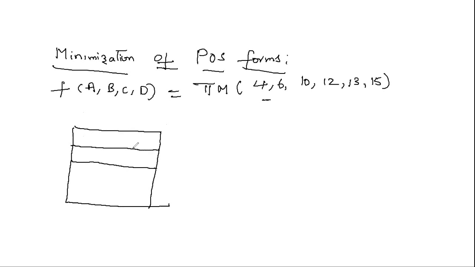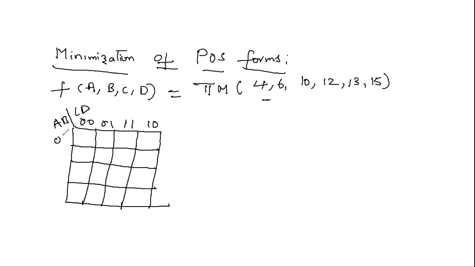The ABCDs are given this way: 0, 1, 1, 1, 1, 0, 0, 0, 0, 1, 1, 1, 1, 0.